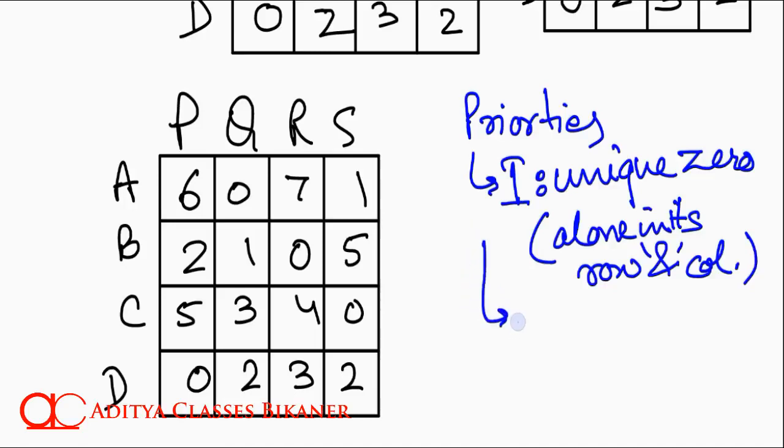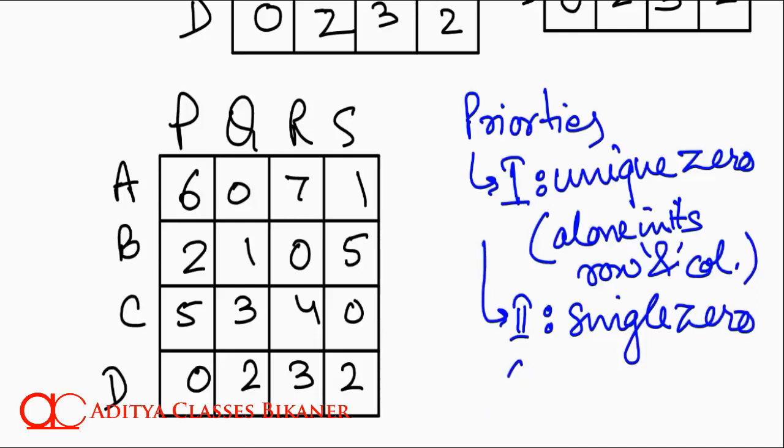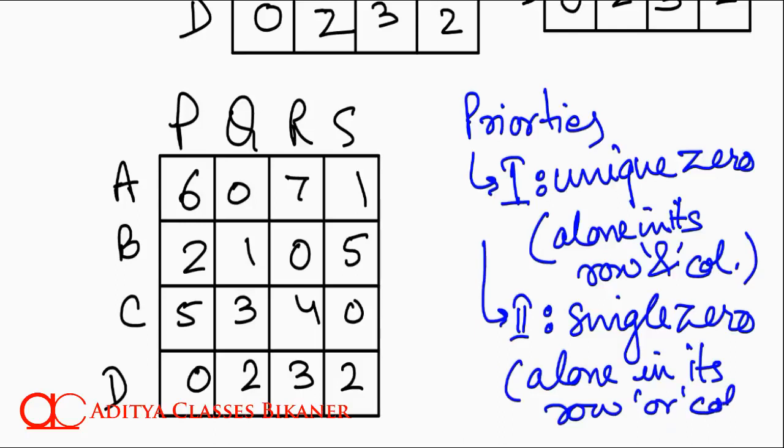Second priority is, if you don't find a unique 0, look for a single 0. Who is a single 0? Who is alone in its row or column. Now, if you look at these conditions, they may look similar, alone in its row and column, alone in its row or column, but this is the catch.